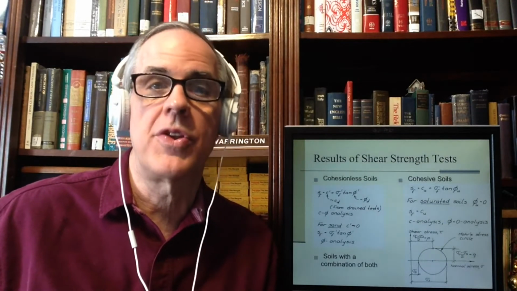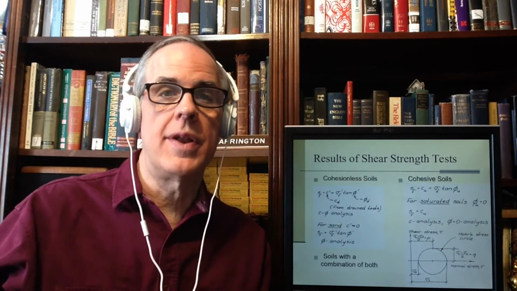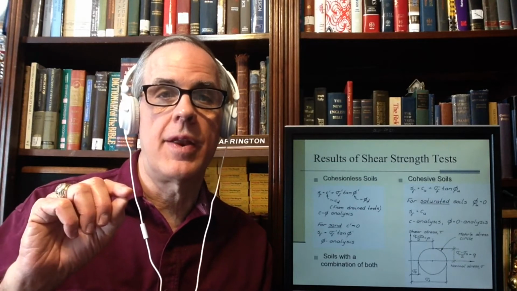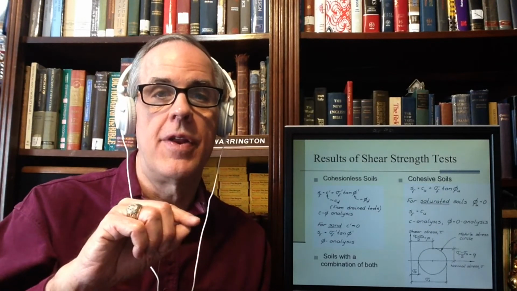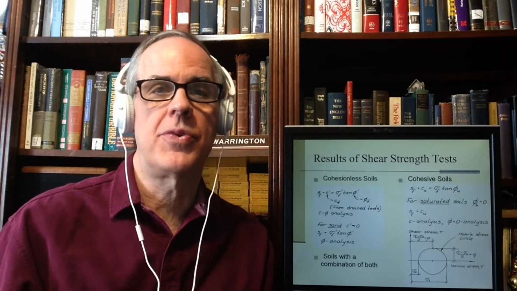Because a cohesionless soil, by definition, has C equal to 0, which means the failure envelope passes through the origin. If it passes through the origin, then I only need one test. We've got the tangent of a line, and then a tangent point, and I can get the envelope. With a cohesive soil, we're going to come back to this with the UC test.